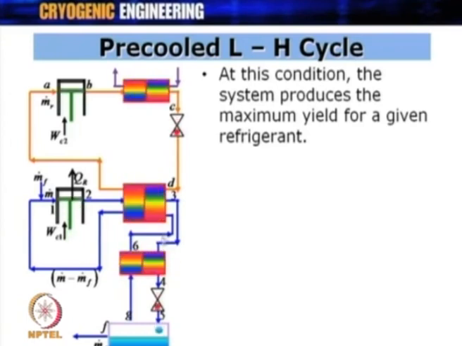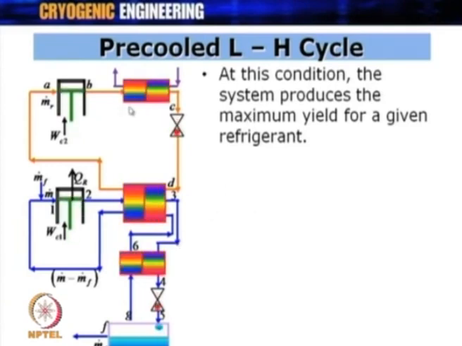In this case, the lowest temperature at which the gas can enter this heat exchanger is going to be the boiling point of this refrigerant at its suction pressure. So, if the temperature T3 is equal to the boiling point of this refrigerant, then the yield y you get is going to be equal to y max, the maximum yield.